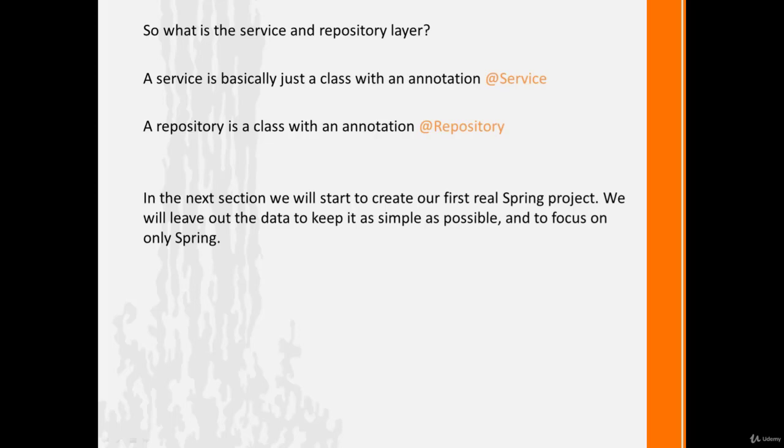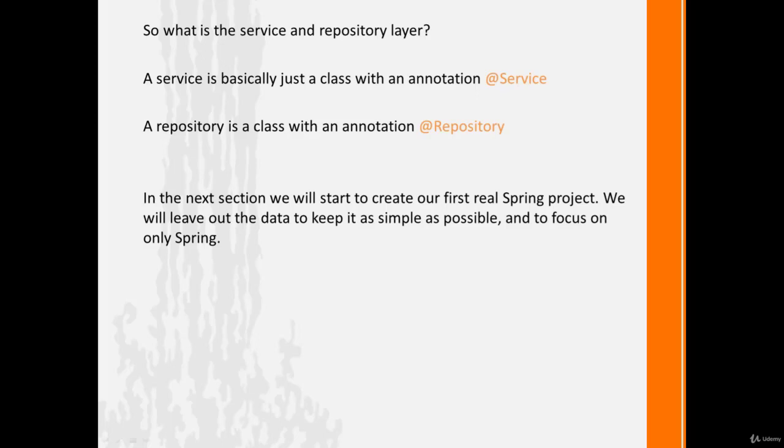It's called section 3. We will create our first real Spring project. We will still not have any database, so we will leave out the data to keep it as simple as possible and focus on only Spring. So that would mean that we will use some static representation for our data.